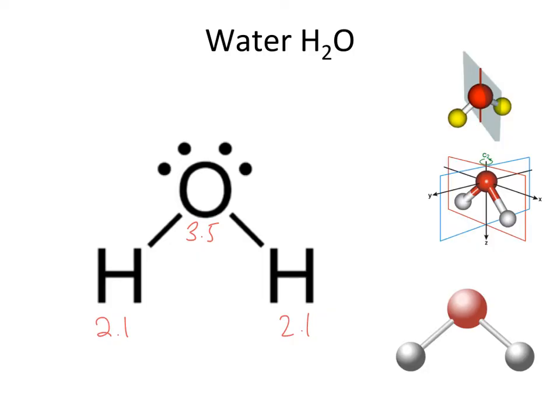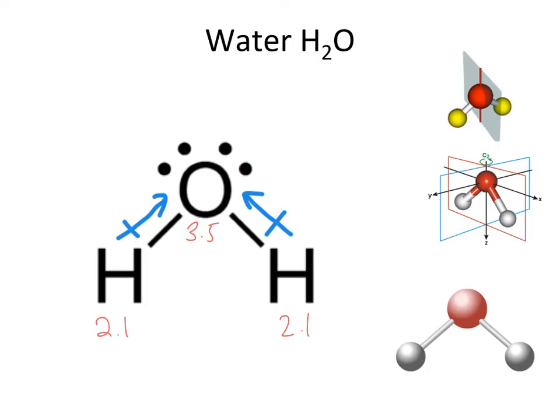Now, hopefully you said oxygen, and what that means is that we're going to draw these dipole moments towards oxygen, showing that the electrons are being pulled towards oxygen. The same thing goes for this bond over here. So what we've created is we actually say that we have 2 polar bonds. Our first polar bond is right over here, electrons being pulled towards oxygen, and this one over here, again, electrons being pulled towards oxygen.